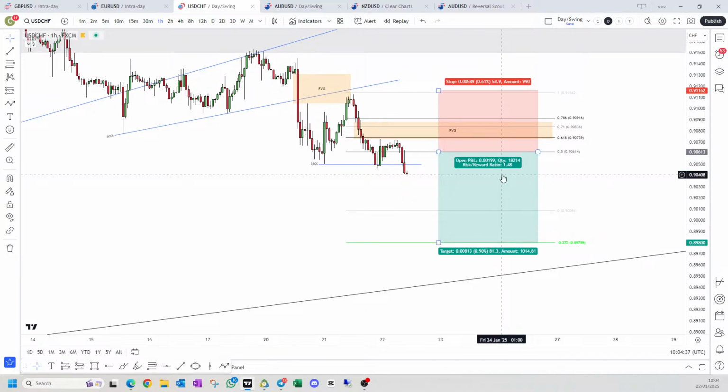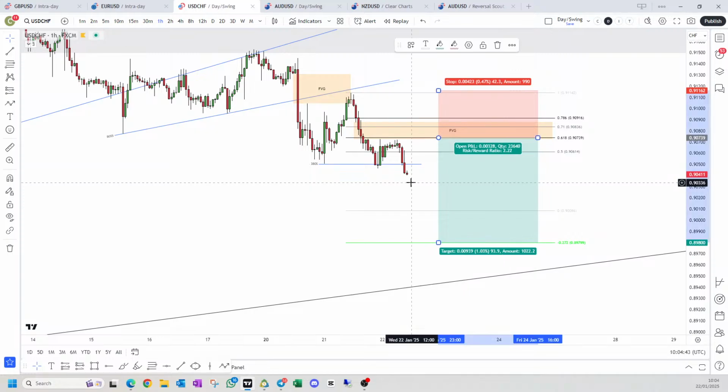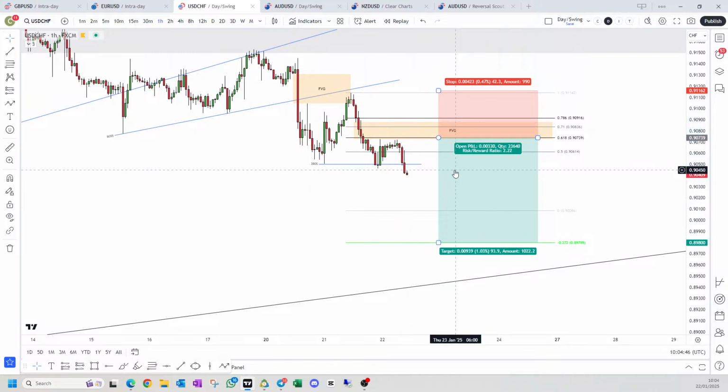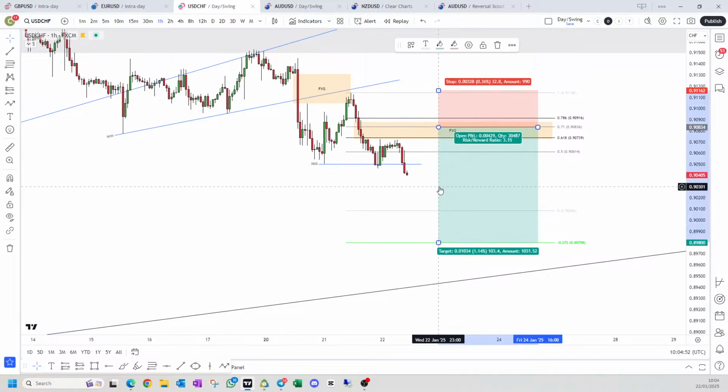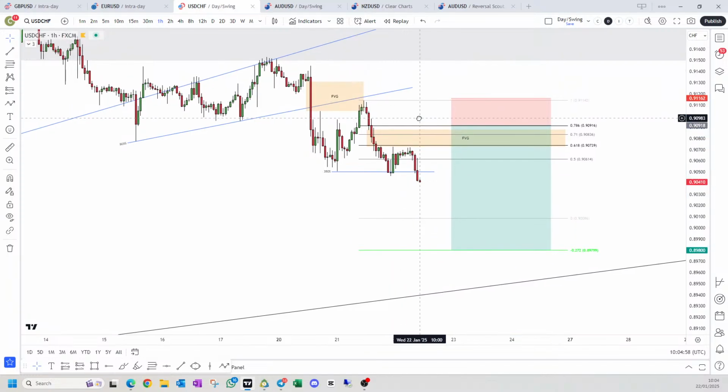If you take it from the 61.8, it's now 2.2. If you take it from the 71, it's now 3.15. If you take it from the 78.6, it's now 4.6. Okay, so the numbers are pretty simple.